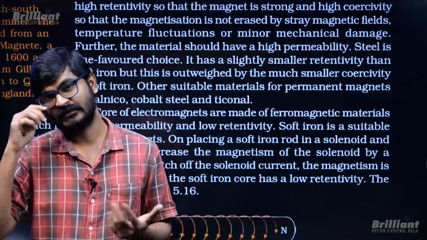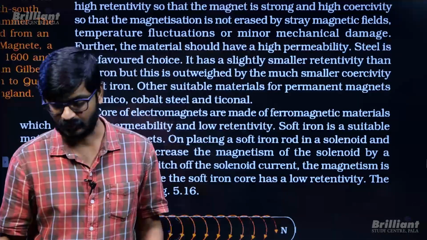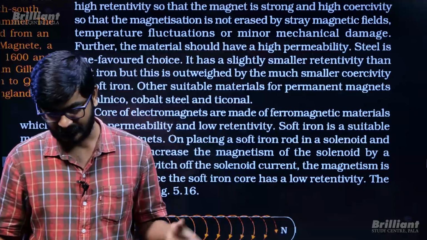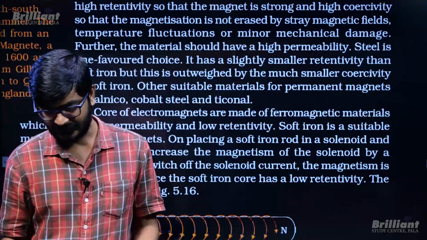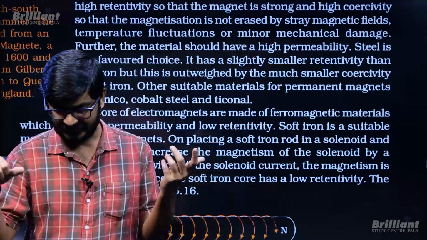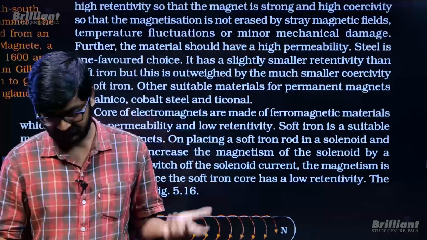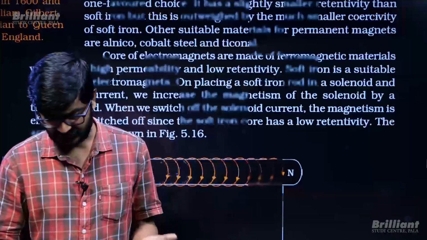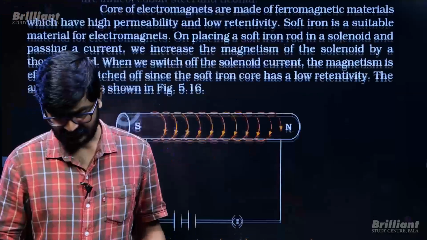And when you stop passing the current, it must not retain any of the properties. So low retaining capacity it has to be. Soft iron is a suitable material for electromagnets. On placing a soft iron rod in a solenoid and passing the current, we increase the magnetism of the solenoid by 1000-fold. When we switch off the solenoid current, the magnetism is effectively switched off since soft iron has low retentivity. The arrangement is shown.